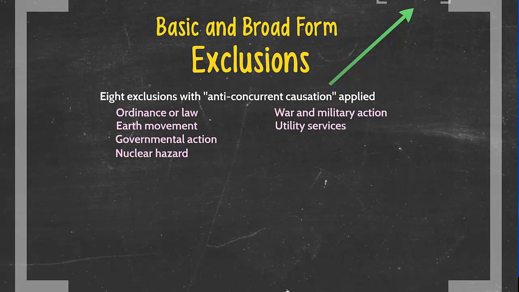So the loss is covered if the power failure, for example, originates at the insured location. Water is excluded. Some refer to this as the flood exclusion. And fungus is excluded, as we talked about before. It's excluded, but then it's added back in a controlled way under the additional coverage.